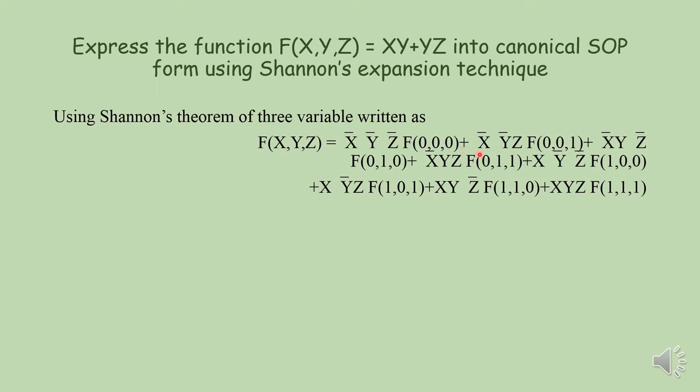plus the next term is x bar y bar z, the function of 0 0 1, plus x bar y z bar, the function of 0 1 0, plus x bar y z, the function of 0 1 1, plus x y bar z bar, the function of 1 0 0, plus x y bar z, the function of 1 0 1, plus x y z bar, the function of 1 1 0, plus the last term x y z, the function of 1 1 1.